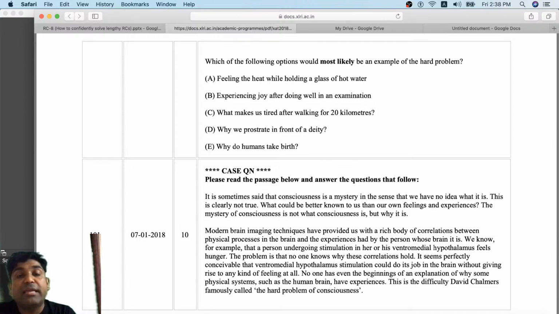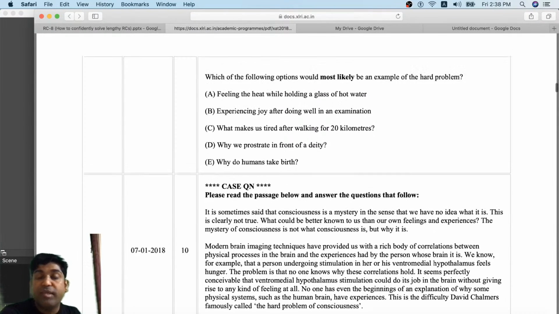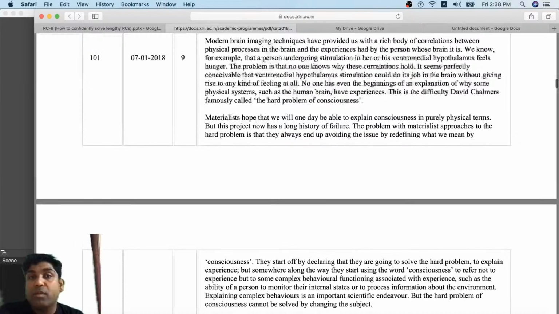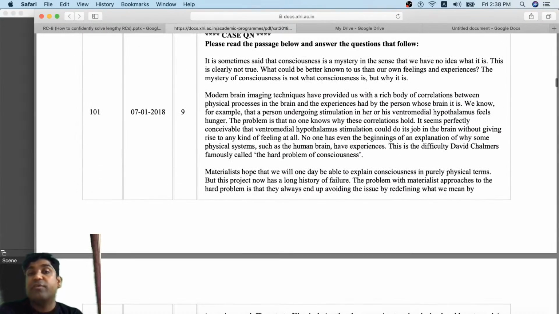What makes us tired after walking for 20 kilometers? Now, remember, we were talking about consciousness, about sensory capabilities, such as the smell of a flower or the spiciness of paprika.